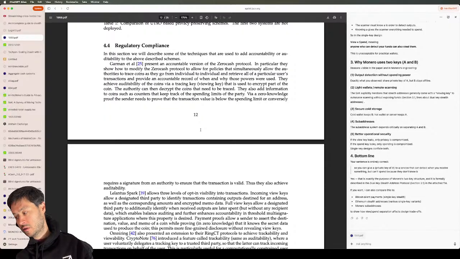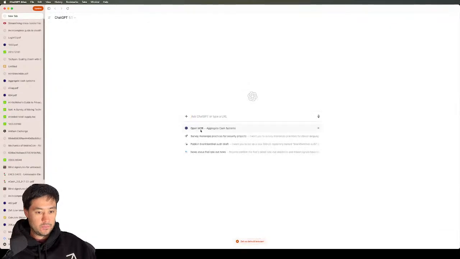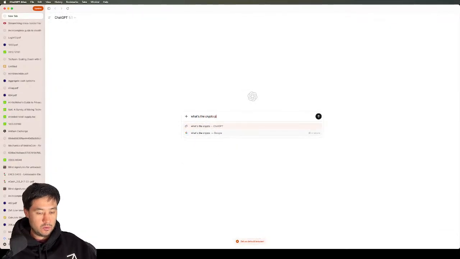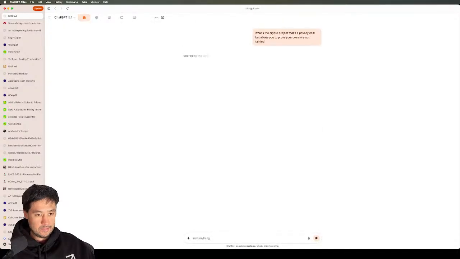What was the other one? The one that allows you to track if a coin was tainted? Is it like Railgun? What's the crypto project, the privacy coin, that allows you to prove not tainted? I thought it was Railgun.